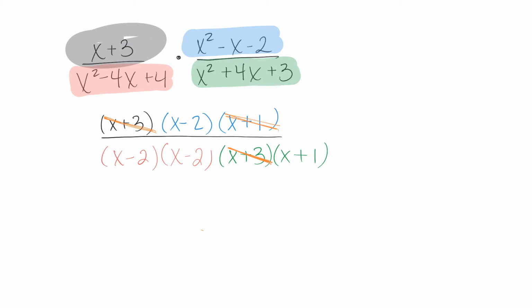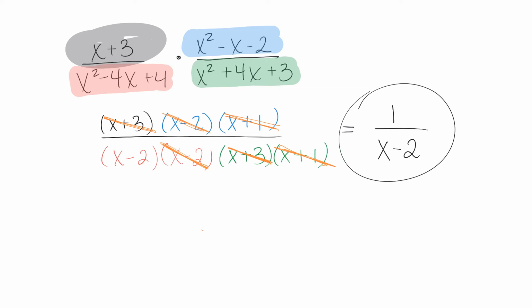X plus 1, gone. X minus 2, x minus 2. What does that leave me? There's nothing left in the top. Just kidding. What's really there? A 1. In the denominator, all that's left is x minus 2. So 1 over x minus 2.